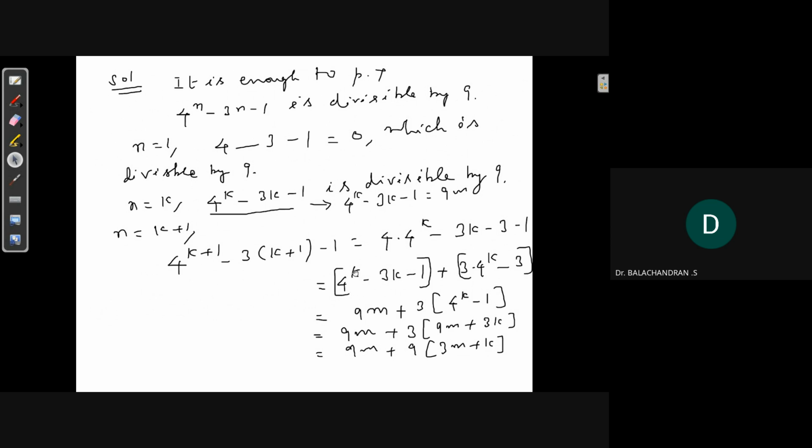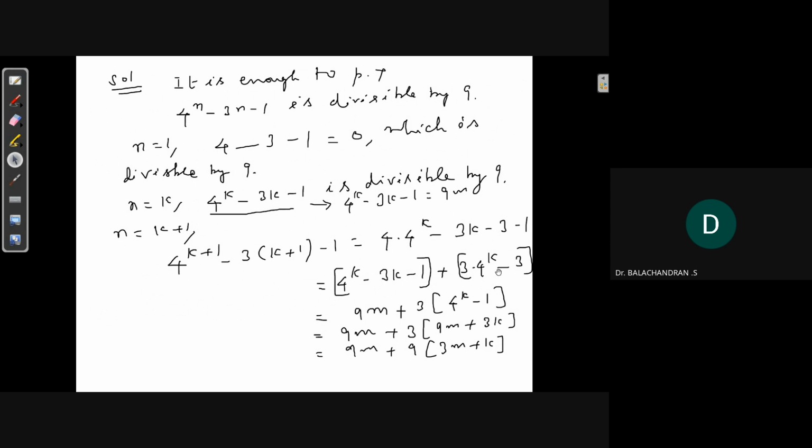The idea is that I want to write this expression in terms of this expression. That's why I write 4 power k minus 3k minus 1, because I need to use this statement.